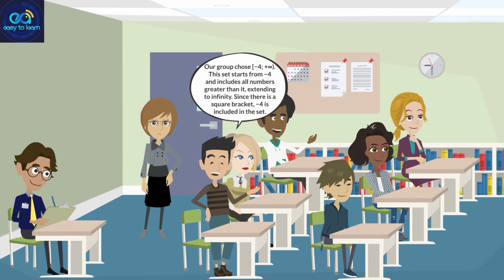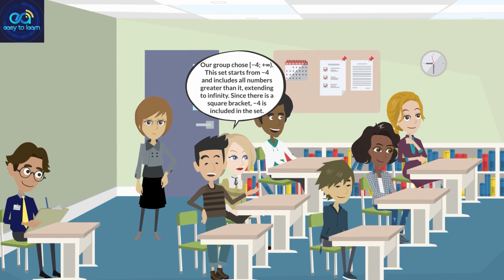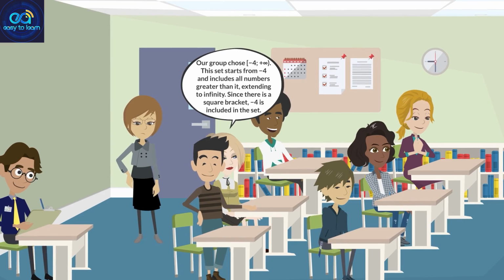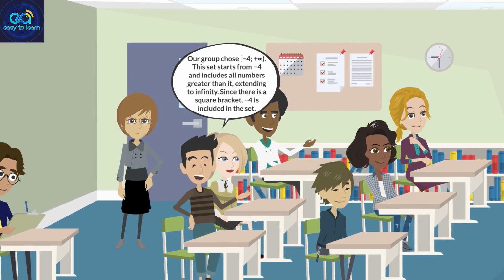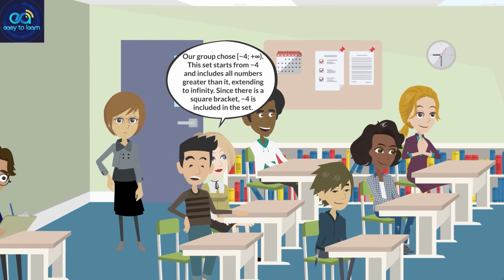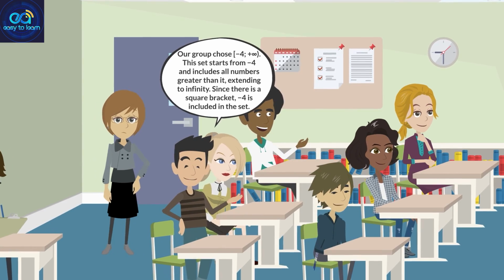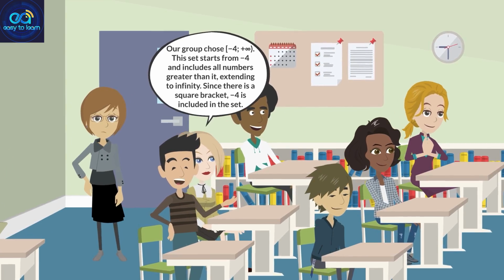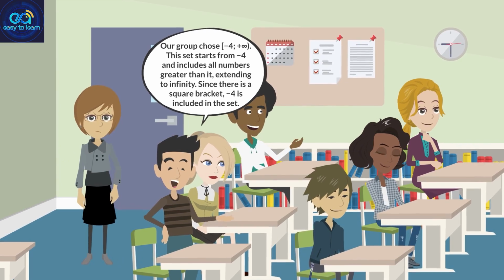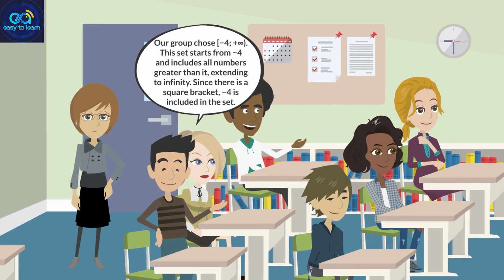Fluoride: Our group chose negative 4 and infinity. This set starts from negative 4 and includes all numbers greater than it, extending to infinity. Since there is a square bracket, negative 4 is included in the set.